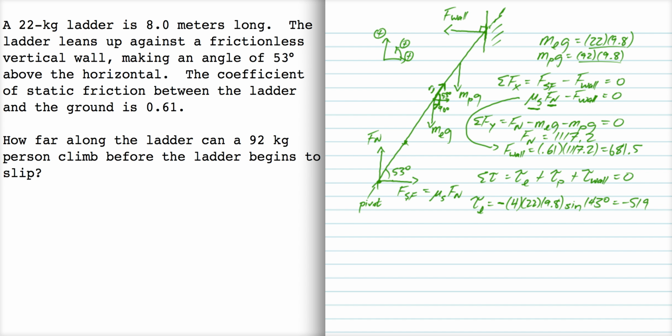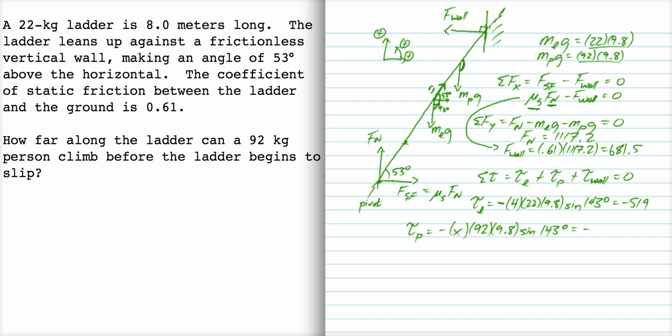Now, the torque due to the person, that's minus. I don't know the distance that the person is up the ladder, so I'm going to treat that as an unknown, x. Weight of the person, and sine 143 again. The same logic applies for this angle that applied for the ladder's angle.